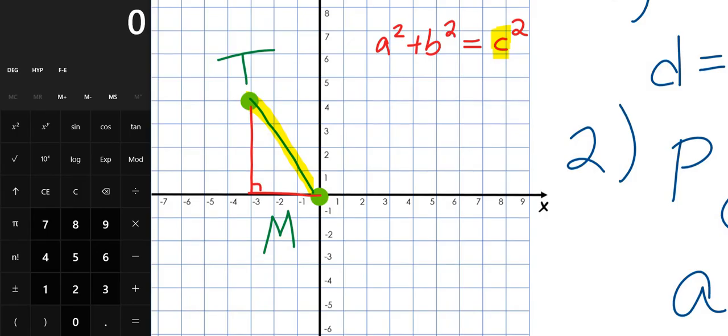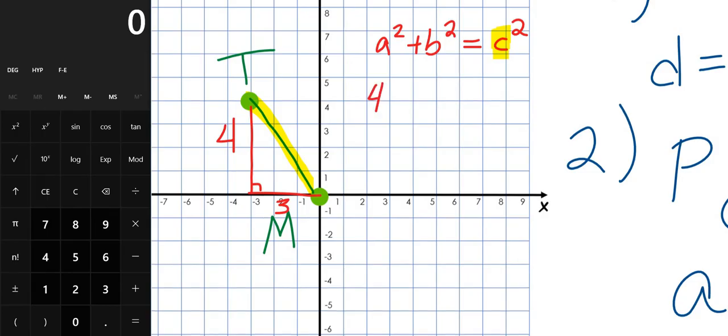Now, let's count. 1, 2, 3 boxes vertically. Oh, I made a mistake. 1, 2, 3, 4 boxes vertically. 1, 2, 3 boxes horizontally. It doesn't matter which one you call a and which one you call b. I just decided to make the vertical part a.